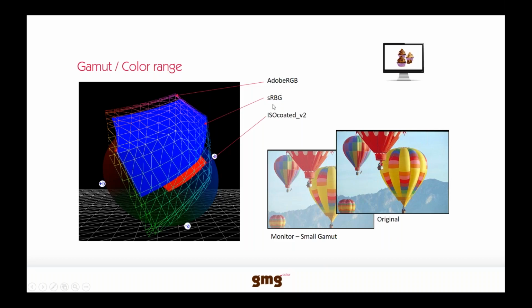Then the blue shape here is sRGB, and the red one is ISO coated. So you can see, okay, Adobe RGB can completely reproduce ISO coated, our print standard here, and sRGB is too small. Therefore, there are some areas which could not be reproduced on your monitor from your later print result. But more on ISO later.